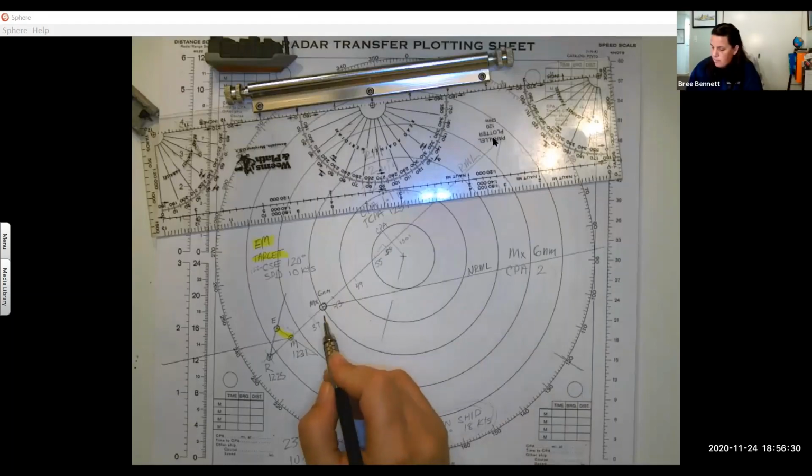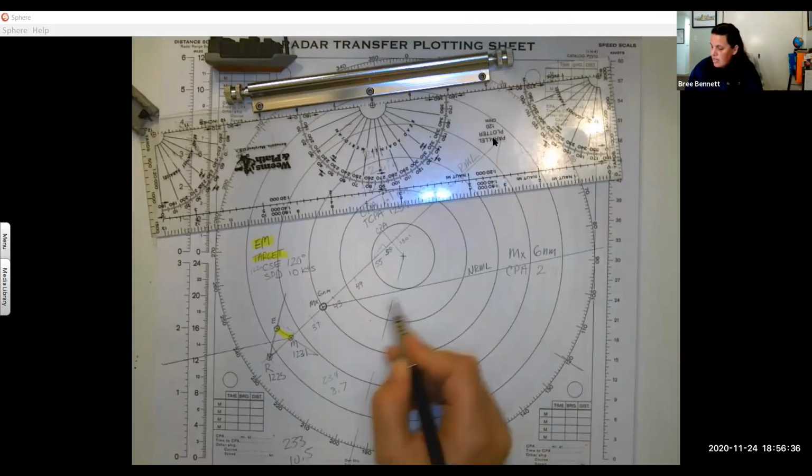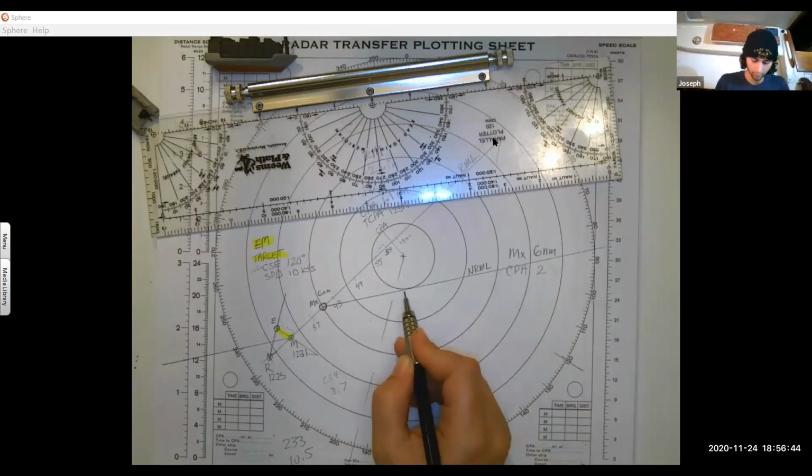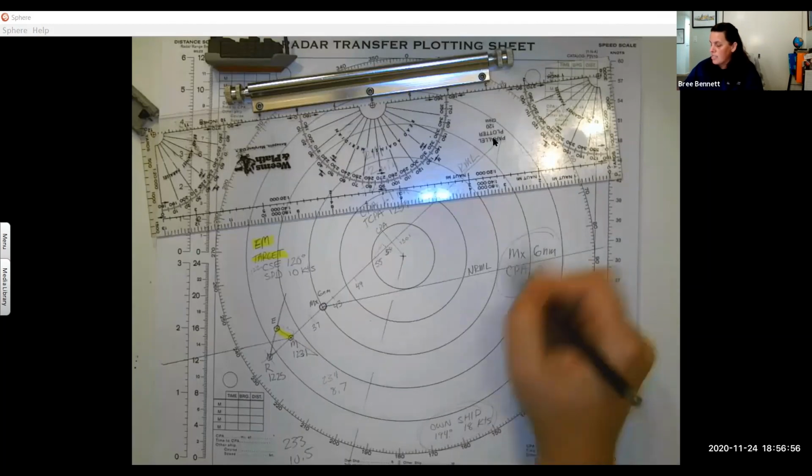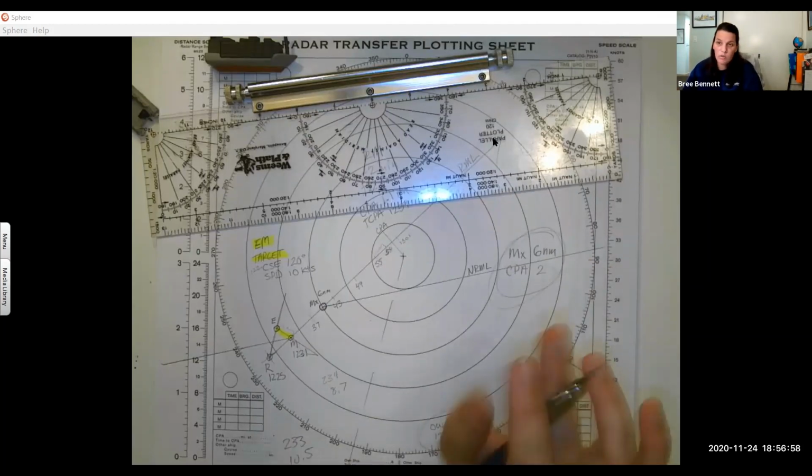I went from MX, which is at 6 nautical miles. Is yours at 6 nautical miles? And then to the 2 mile CPA. Yeah, that's what I did wrong right there. Do you use the 3 mile CPA? Yeah. So that MX and CPA can change on each question.